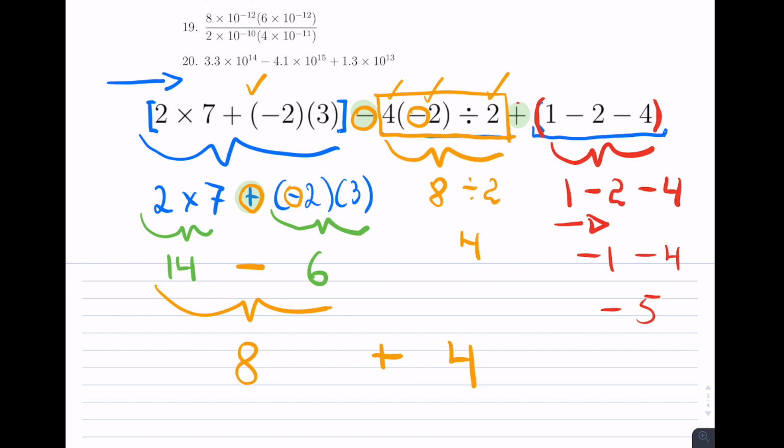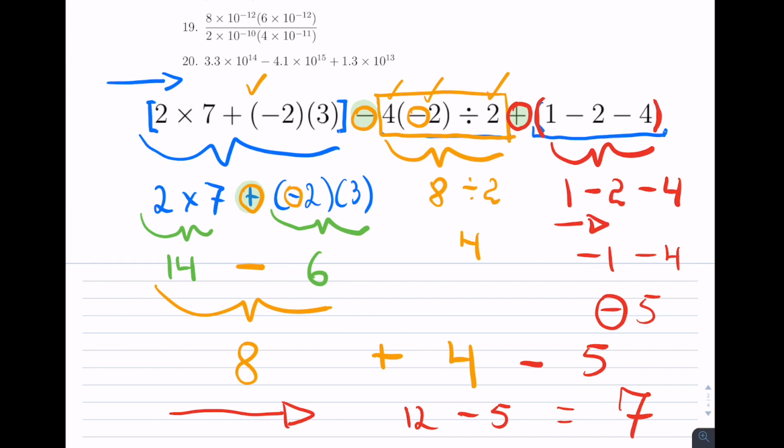And now again, you have an addition and a negative, so that will be subtracting 5. Now we can complete this. 8 plus 4 is 12. Minus 5 equals 7. That's a huge question, but that is the answer for this one.